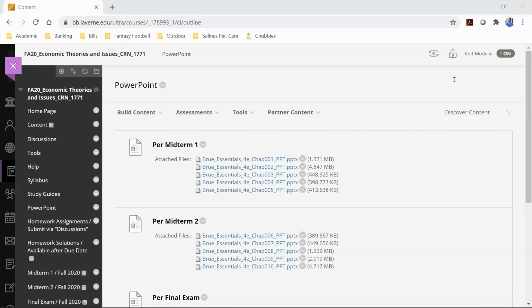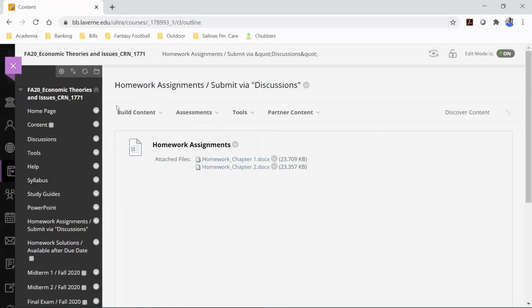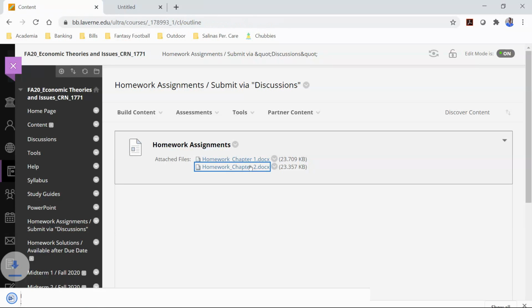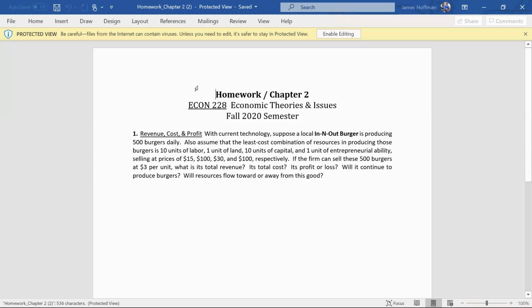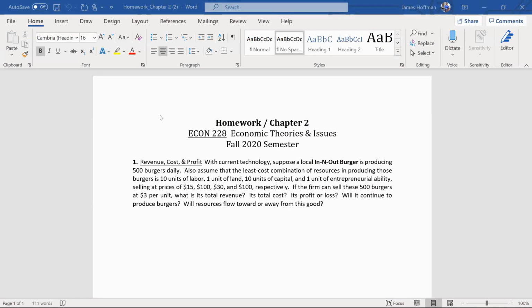Okay, great. So let me show you the homework assignment for chapter 2. That is under homework assignments. Okay, so here you go, just one homework assignment for chapter 2, which is similar to the one we just did as an example.